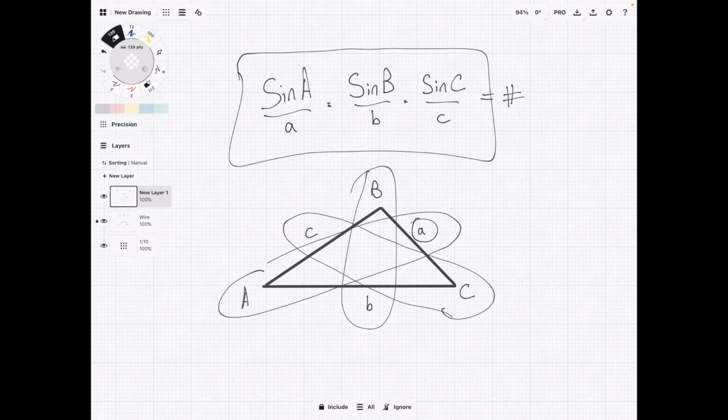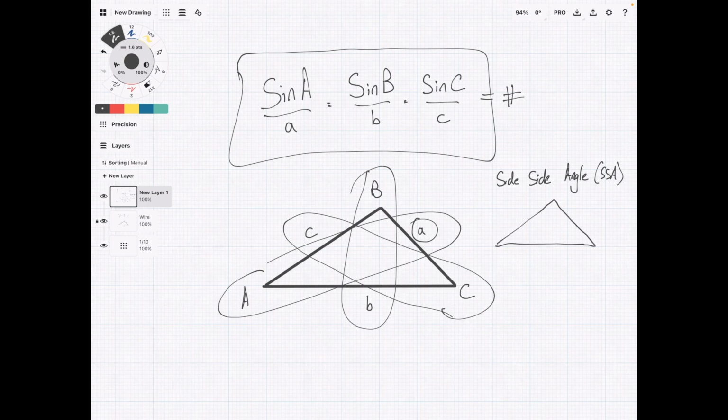We also talked about a few different problems that you will encounter using the law of sines. The first type of problem was a side-side angle problem, SSA, wherein you're given the lengths of two of the sides, and I'm going to make up some numbers here, and one of the angles. With that information, you're expected to find the missing angles as well as the missing side.